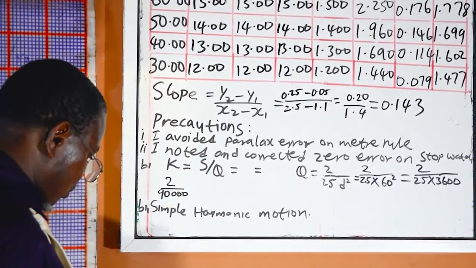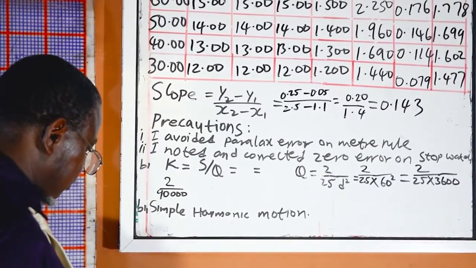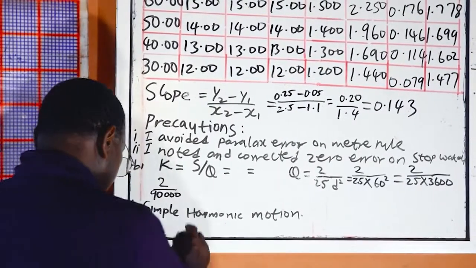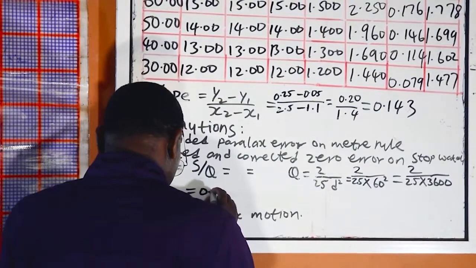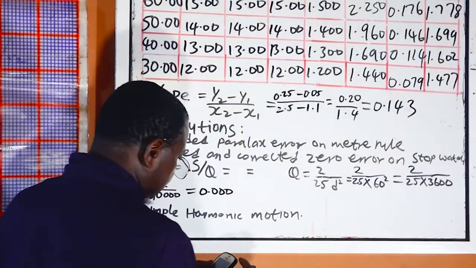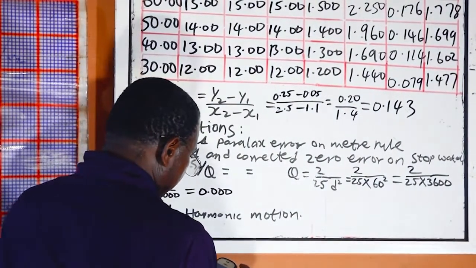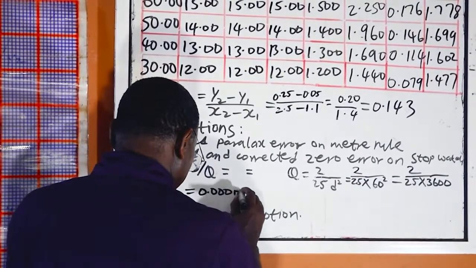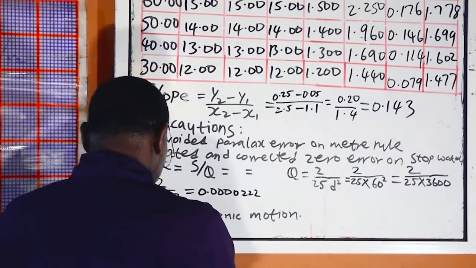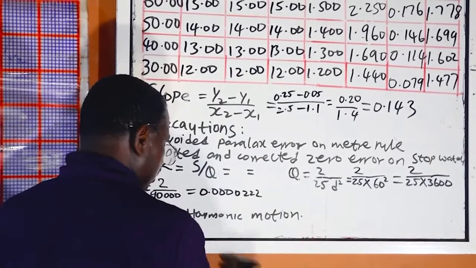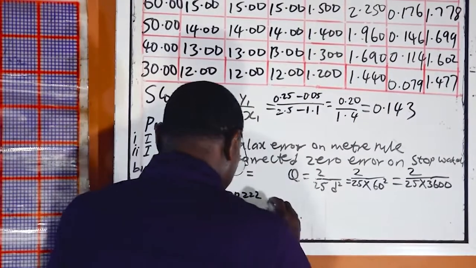Times 2. This is equal to 0.00002222. This is the value of Q.